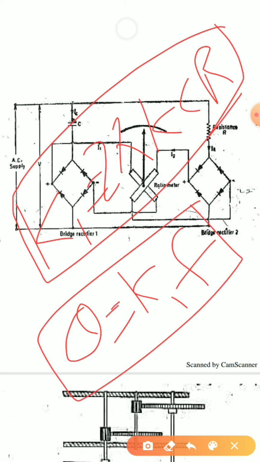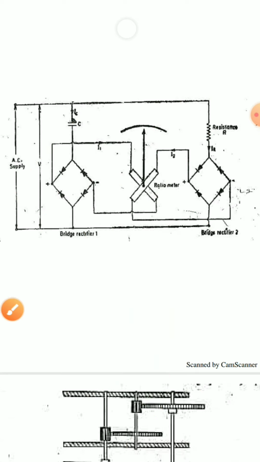Whatever deflection I am getting is directly proportional to the frequency. This type of instrument has a linear scale of frequency and can measure frequency up to the range of 5000 Hertz. So using a ratio meter type frequency meter also, I can measure the frequency depending on the deflection my pointer is showing.